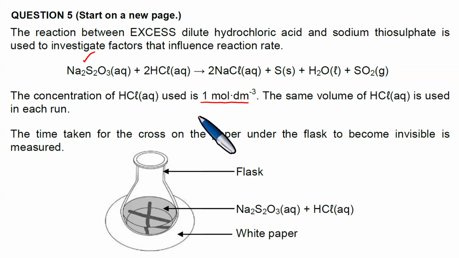If the concentration is known, this is of particular importance to us; we're going to discuss that in a little bit. It's a very interesting experiment, because when you react these two, at some point you can see the cross, and at some point you won't.